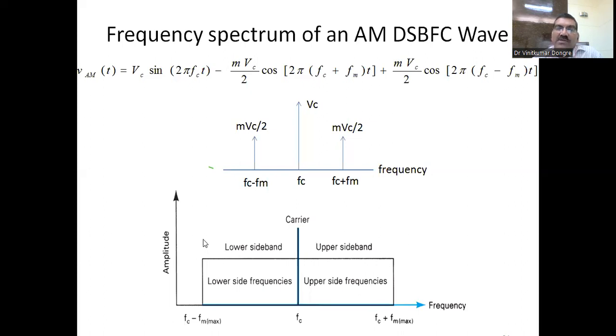So it will transmit the complete band 450 to 550. In my example, the modulating frequency is 50 hertz and the carrier frequency is 500 hertz, for simple understanding. This is called the lower sideband, and this is called the upper sideband.